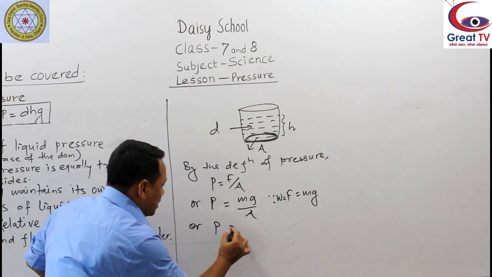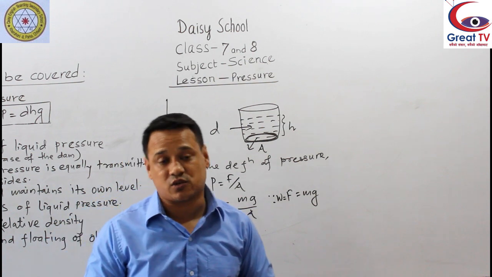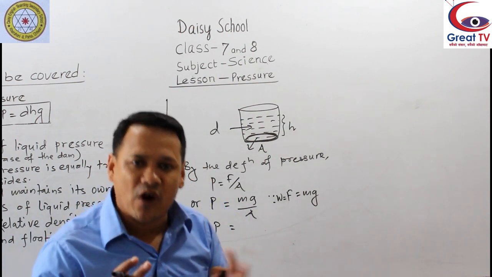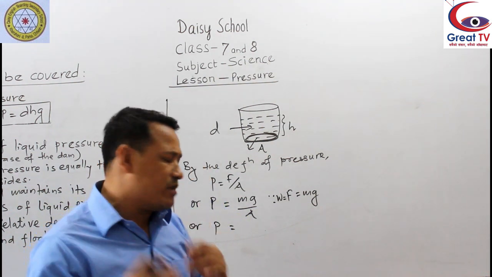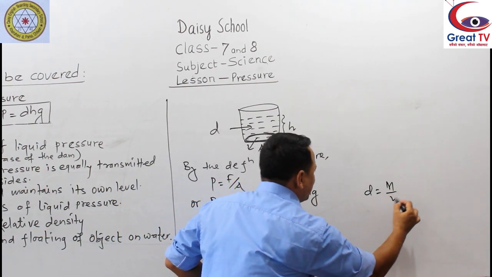Again, P equals density. Do you know density? I think you read it in class 6 also. Density means mass per unit volume, D equals mass per unit volume.